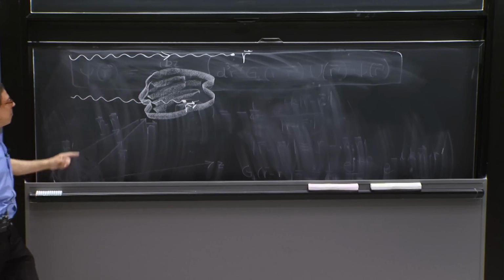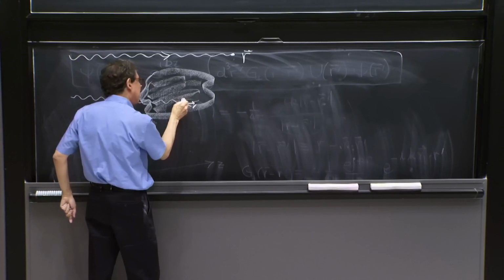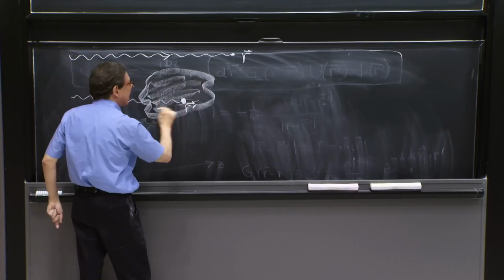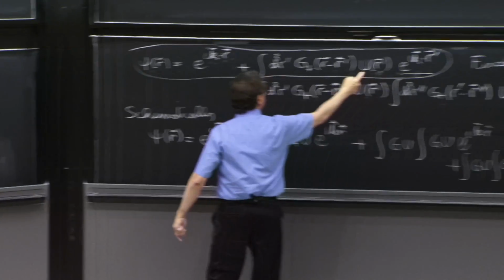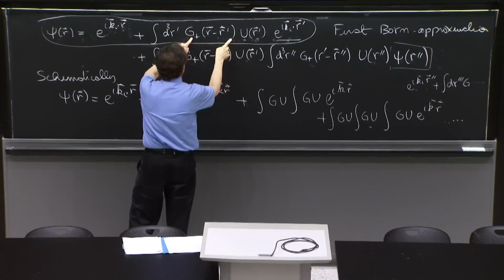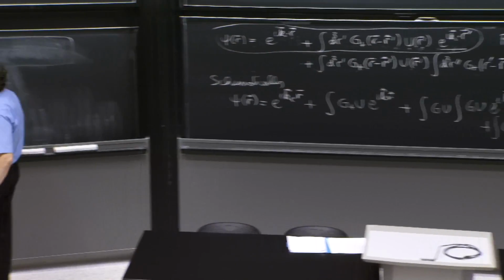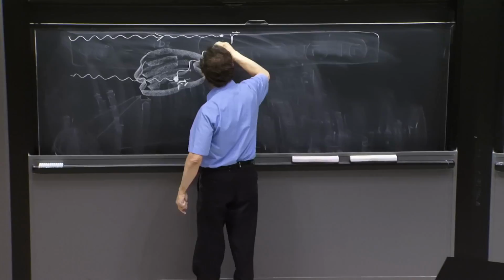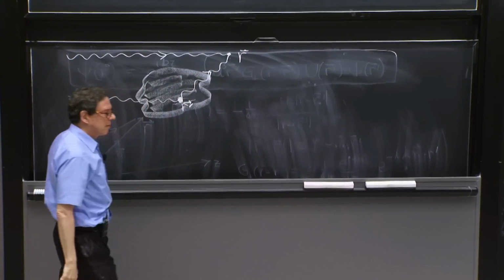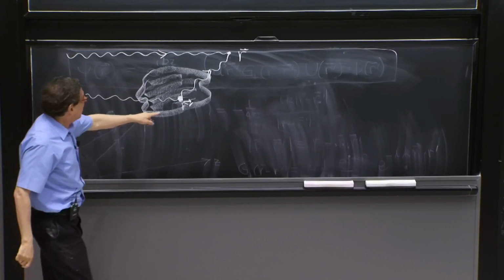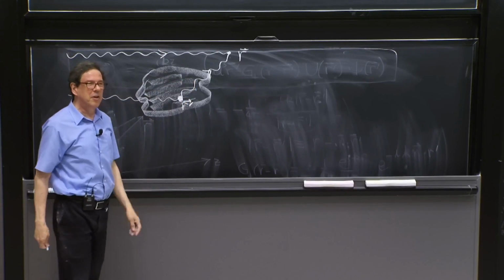At the point R prime, it interacted with the potential, which is a medium, and out came a wave in the direction of R. And reached there. And R prime is supposed to be integrated, but that's kind of in the figure.